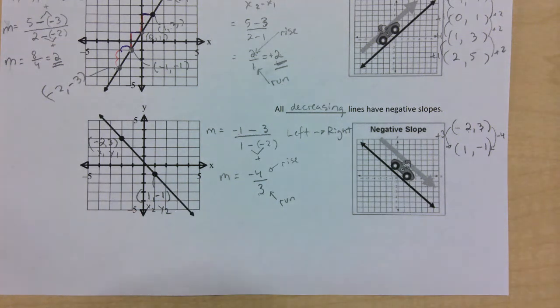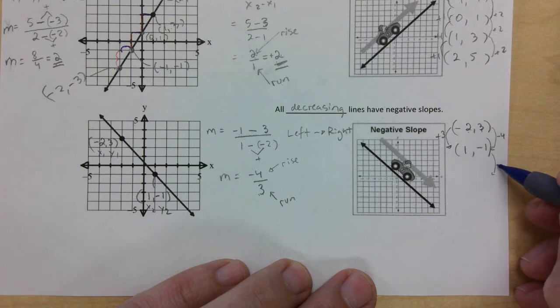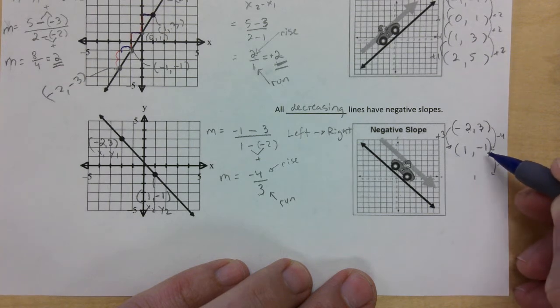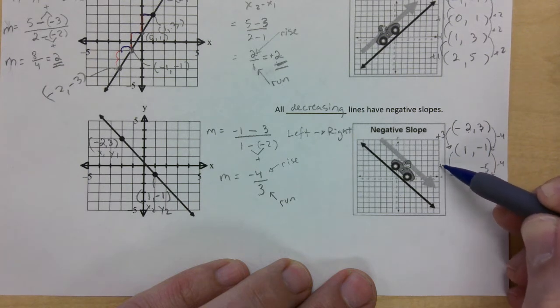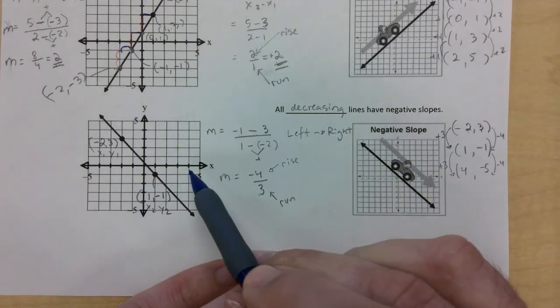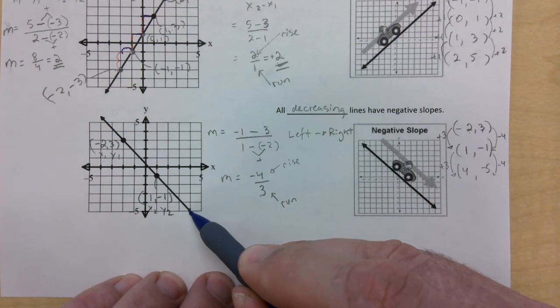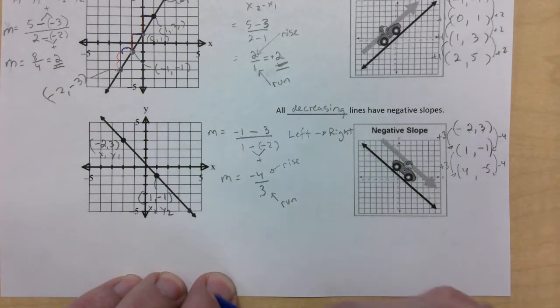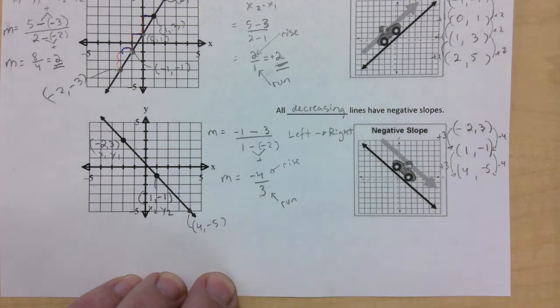Can I find more points, Mr. Jerkson? Absolutely. You keep going, right? -4. So -1 minus 4 is -5. And then we have to add 3 here. So that'd be 4, -5. So if you were at 4, you'd be at -5 here, which, look, it fits perfectly. And you can continue on forever.